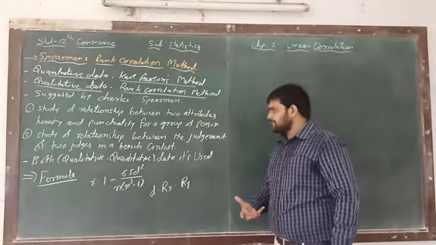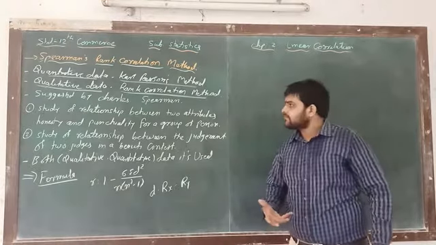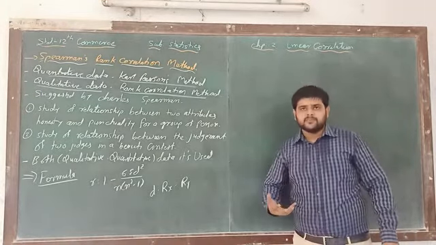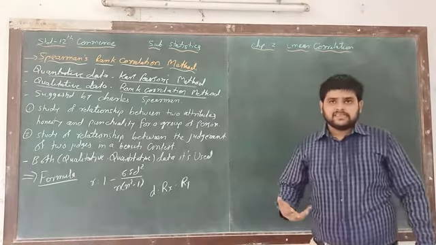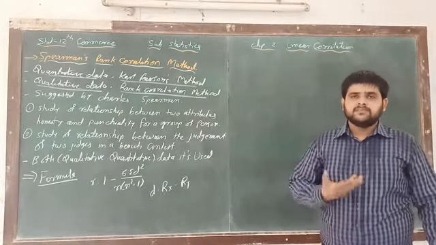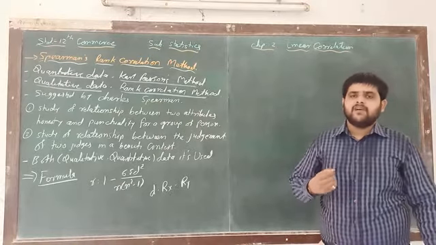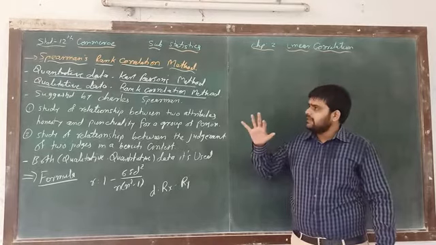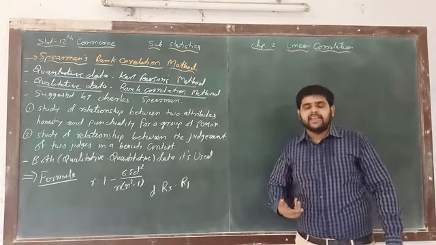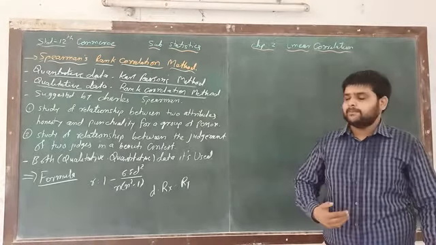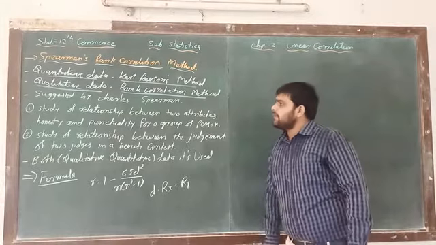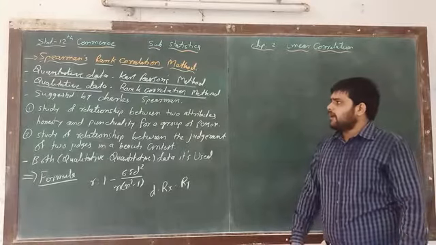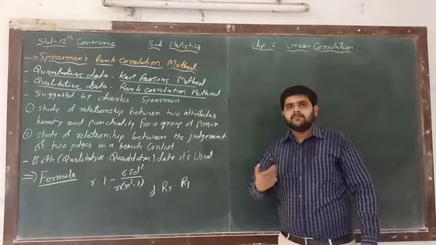For example, honesty, time punctuality, judgment of groups, ethics, attitude, behavior. These are all qualitative things. If the data is totally qualitative, then we have to find out this type of relation with the help of the rank correlation method.